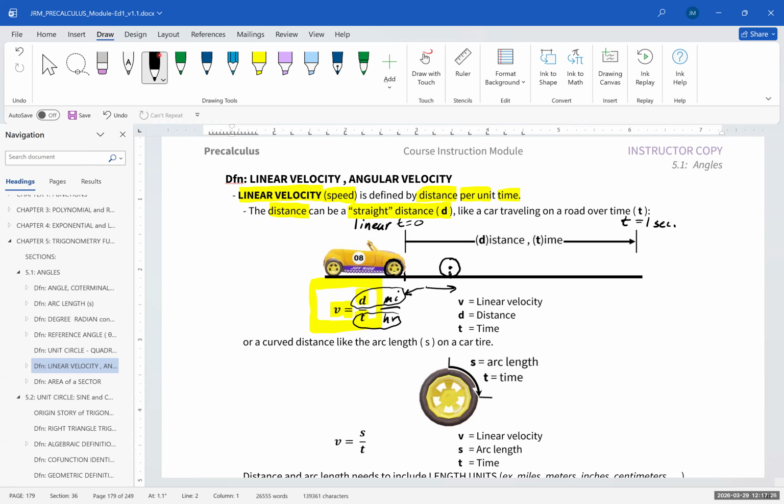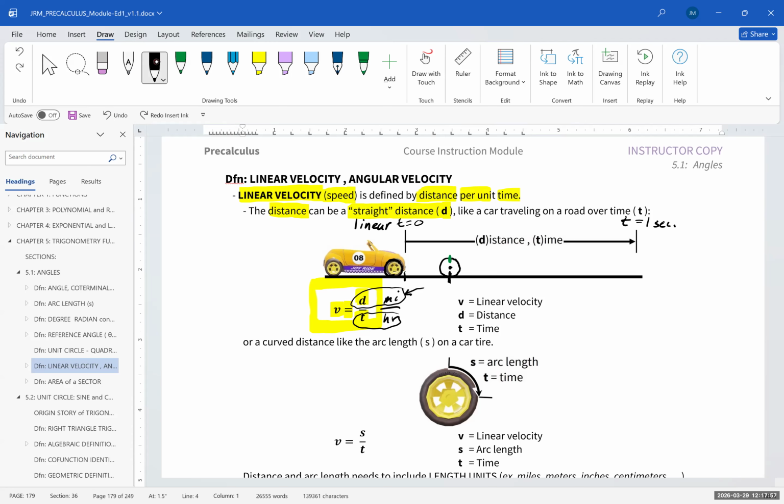One place we'll mark right here. That's where the tire is positioned at this point on this linear distance. And we'll make another mark on the opposite side in green, to show this distance around the tire. That would be the arc length.